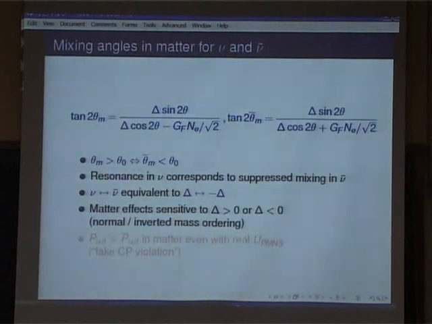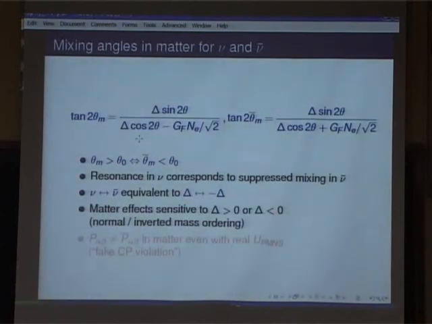Therefore, if delta is greater than 0, you get enhancement of mixing angle for neutrinos and depletion for antineutrinos. If delta is less than 0, the mixing angle is enhanced for antineutrinos and depleted for neutrinos. The effects can actually distinguish whether delta is positive or negative.